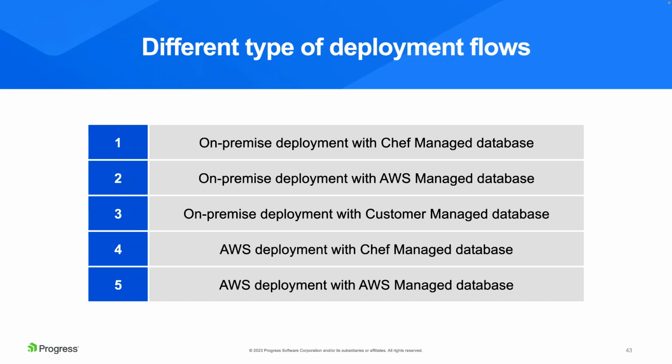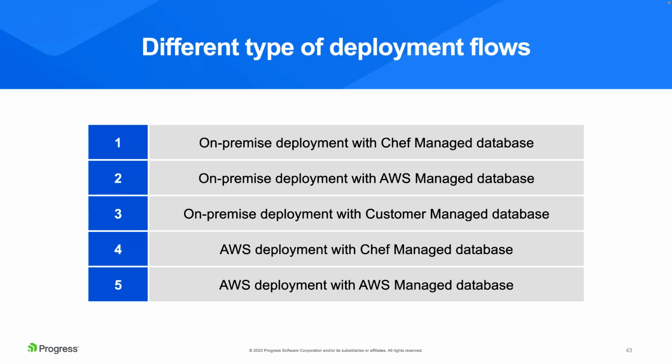There are different types of deployment configurations on Automate HA that are available to you. When it comes to on-prem, you can either go with a Chef managed database or you can go with a customer managed database where you are managing the Postgres and operating system nodes.